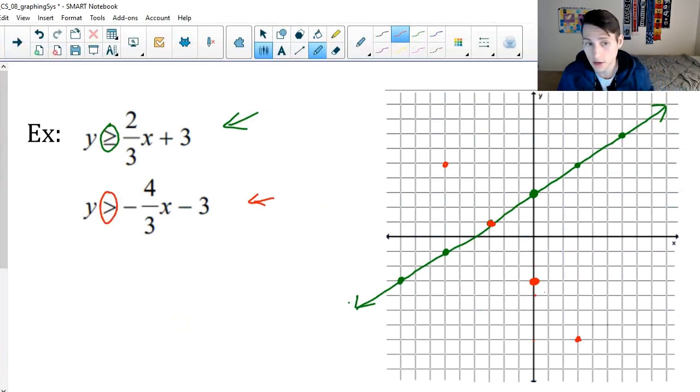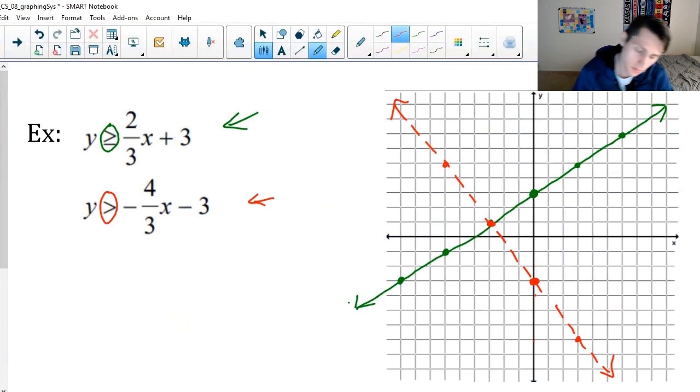Note that this is strictly greater than, so I'm going to draw a dashed line. And now both of these are greater than, right? The first equation is greater than or equal to. The second equation is just greater than. But so for both of the lines, we would want to shade above.